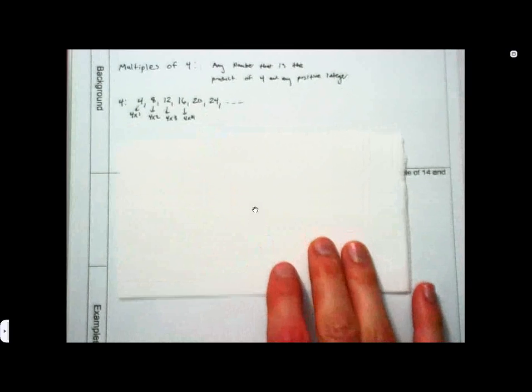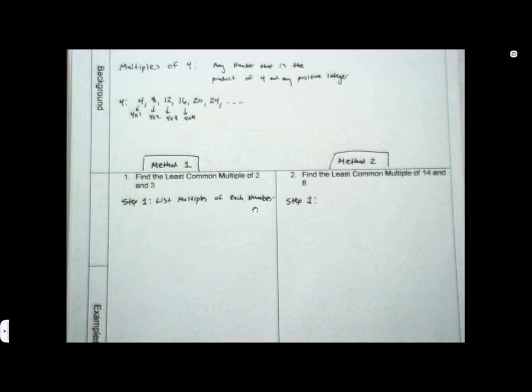So let's take a look at how to find the least common multiple of two numbers. The first example is finding the least common multiple of 2 and 3. There are actually two methods that we're going to talk about. One works well with small numbers, and another works better with larger numbers.